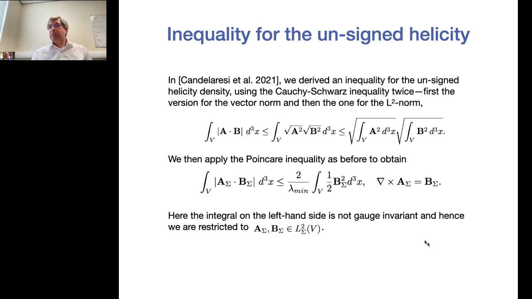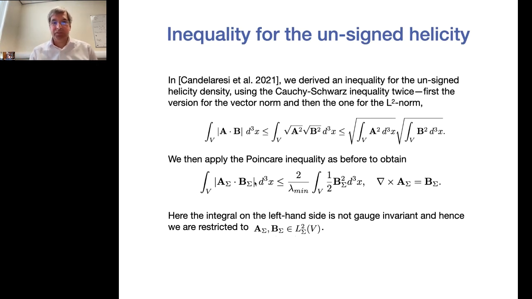And indeed, we can show that applying the Cauchy-Schwarz inequality twice, and then applying the Poincaré inequality as before, we end up with an inequality where the absolute signs are now under the integral.